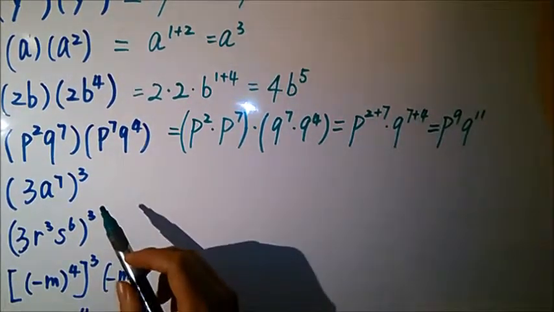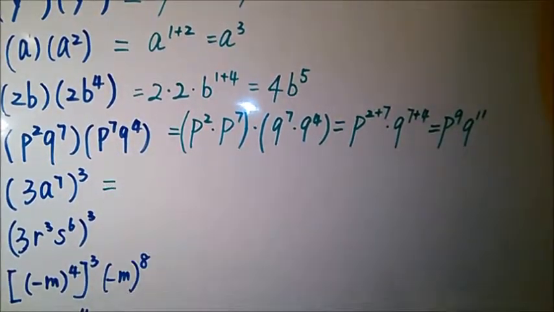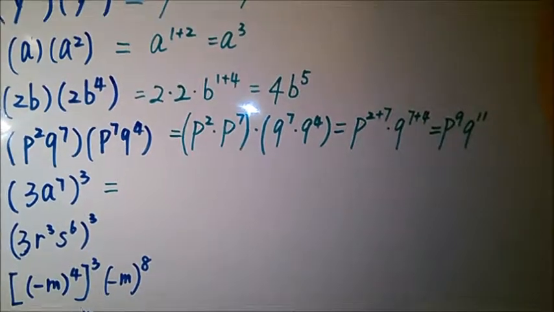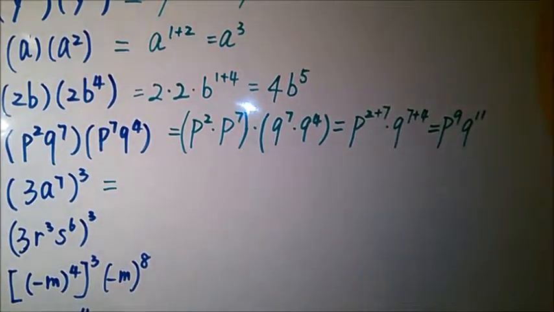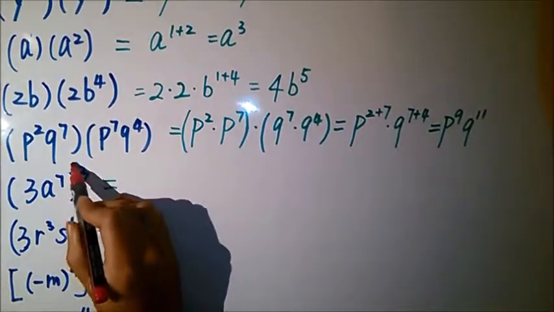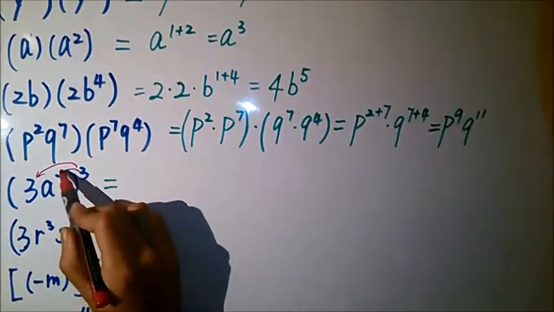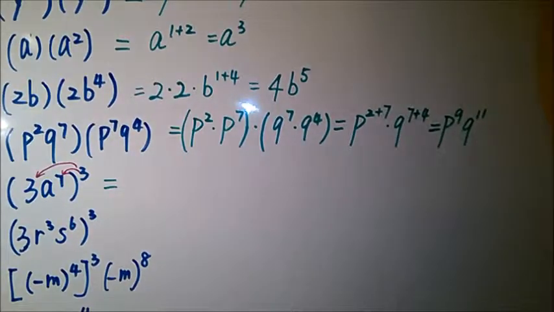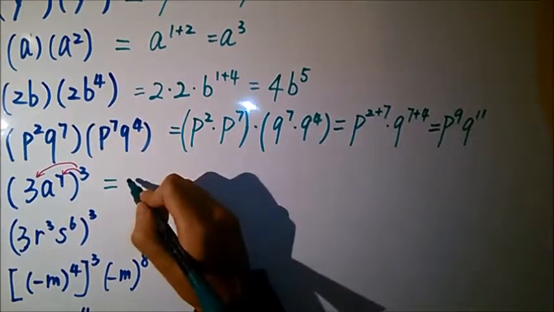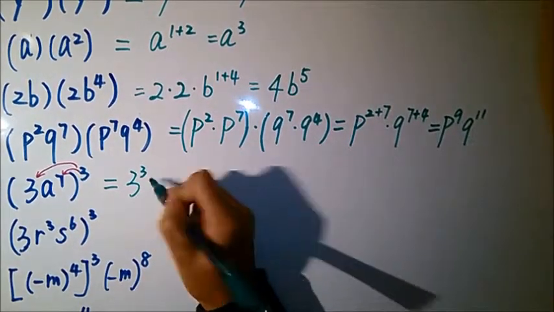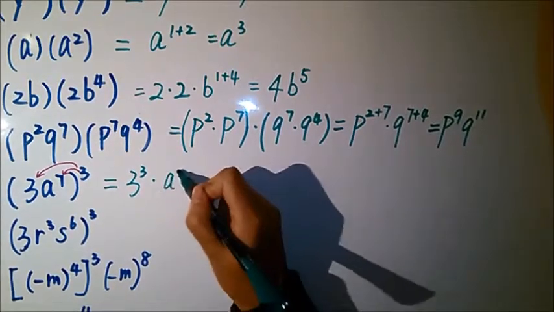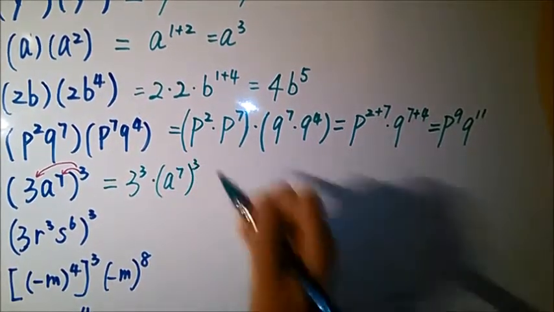3a to the 7th power, all cubed. What we're going to do here is use the power rule to put the 3 into the 3 and the a to the 7th power. So you're going to put 3 into both of those. So it'll be 3 cubed times a to the 7 times 3.